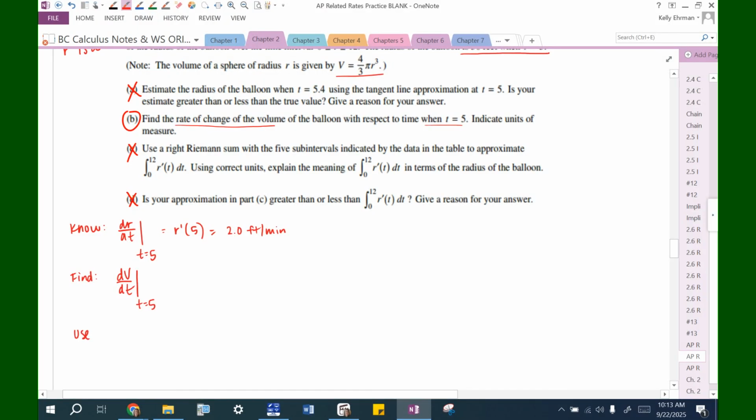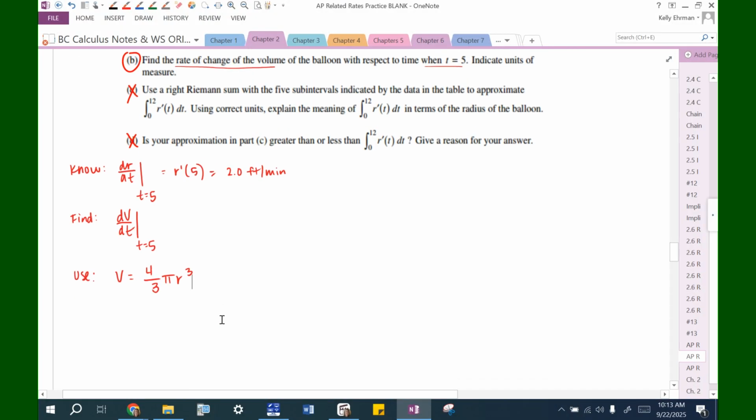And I'm going to use the volume of a sphere to get me here. So 4/3 pi r cubed. I'm going to differentiate with respect to time. That makes dv dt equals 4/3 times 3 is 4 pi r squared dr dt.